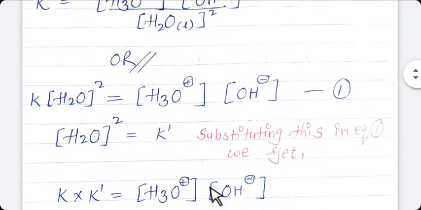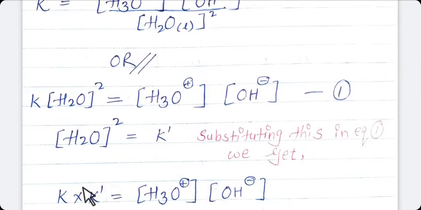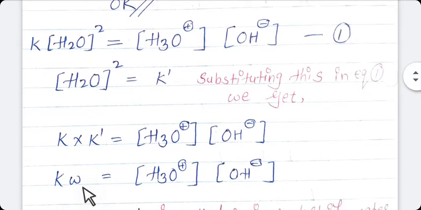This K into K dash, we can call it the ionic product of water, and it is denoted by Kw. So Kw is nothing but the ionic product of water. The product of molar concentration of hydronium or hydrogen ion and hydroxyl ion at equilibrium in pure water at a given temperature is nothing but Kw, or ionic product of water.